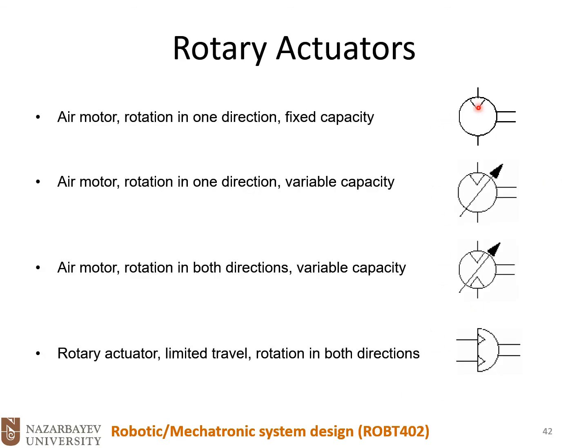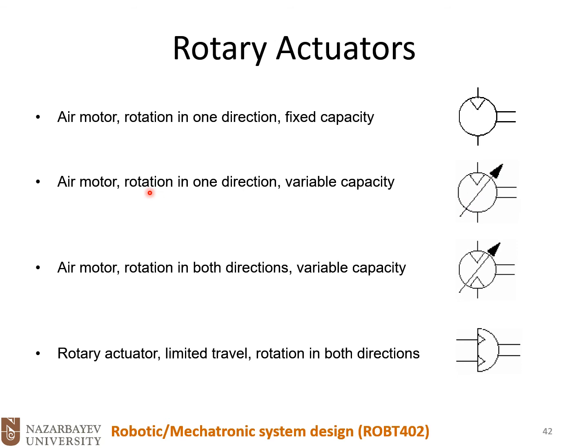Okay, so let's review some symbols here for a rotary actuator with unlimited range of motion. On this one, we have rotation in one direction only because we could only pressurize one port and we don't have control on the other one because of this triangle. Again here, we have a fixed capacity. We cannot change, let's say, the speed or the output power.